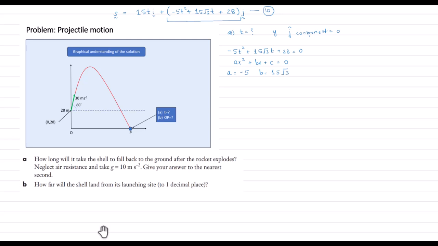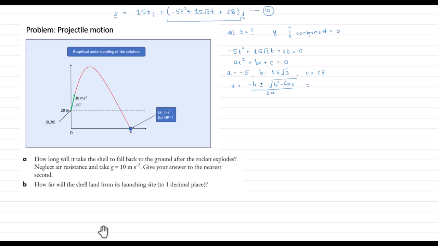Yeah, and what should be c? So c should be 28. The solution to the quadratic equation is x equals minus b plus or minus square root of b square minus 4ac, over 2a. So you have to put these values.